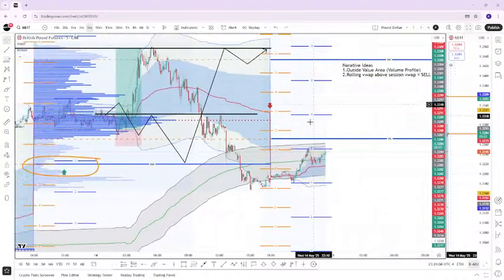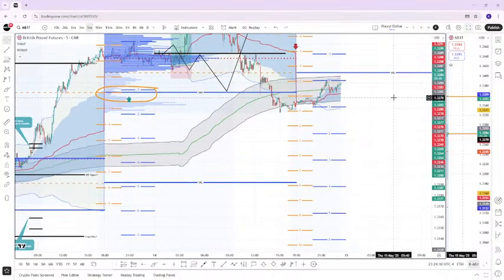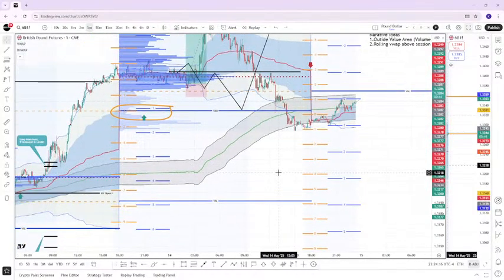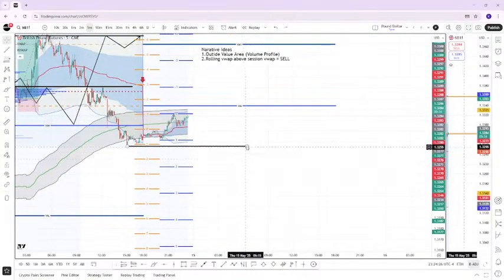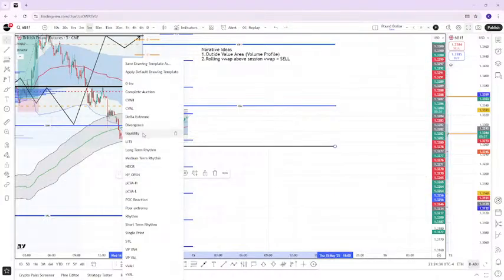And now we're gonna look at long-term VWAPs and also points that we could be looking at as targets. So these are my target points. This previous day's low, let's just run this as liquidity.